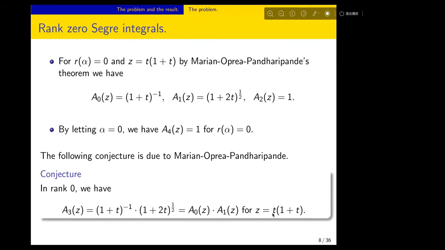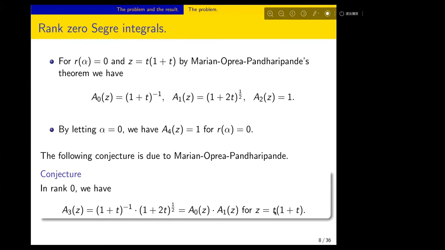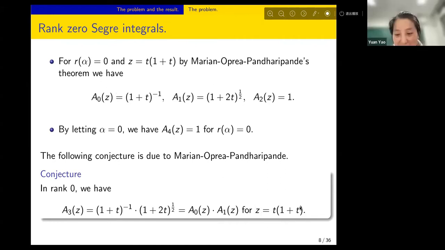It will not be that nice if you want to write it as a function of z, since then you have to solve this equation, and it will not be very nice. I think part of their skill is that you choose the right change of variables. Otherwise, you get a complete mess.